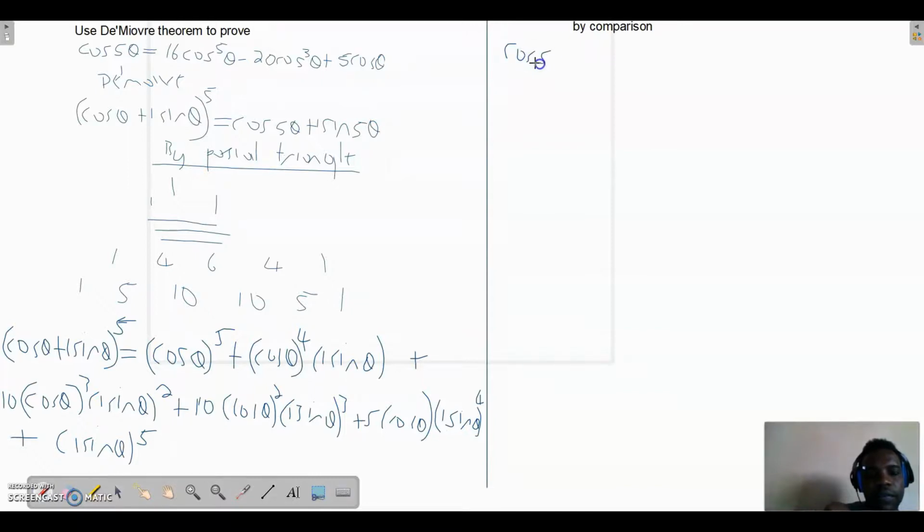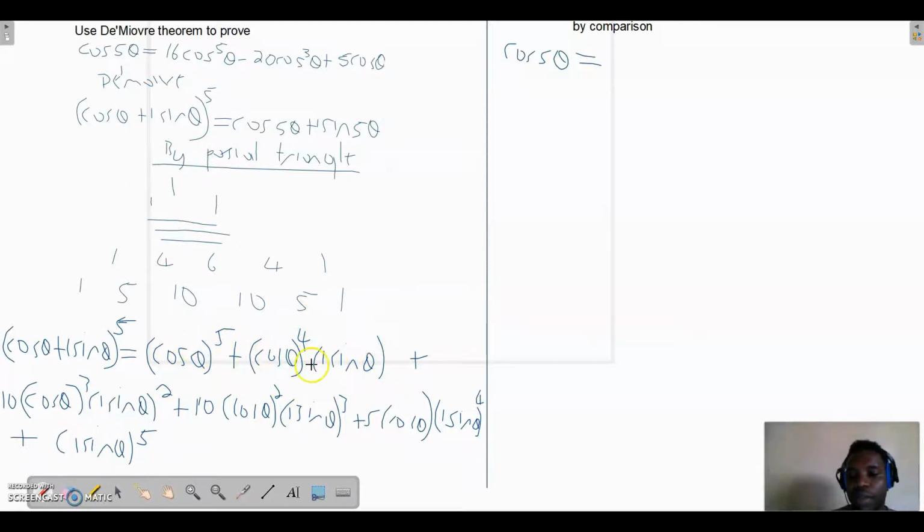Cos 5 theta, which is the real part, when we apply the De Moivre theorem, would be equal to the real part down here. How do I know the real part? Now, I know that i squared is equal to negative 1, which means that if I have i cubed, it's going to be equal to negative i. And if I have i to the 4, it is going to be equal to 1.